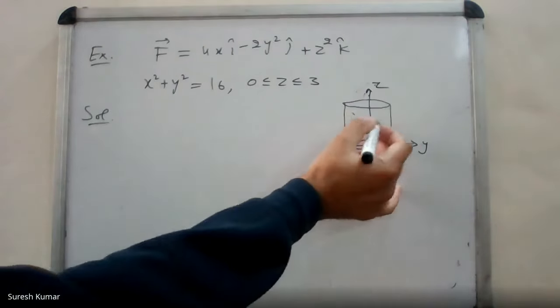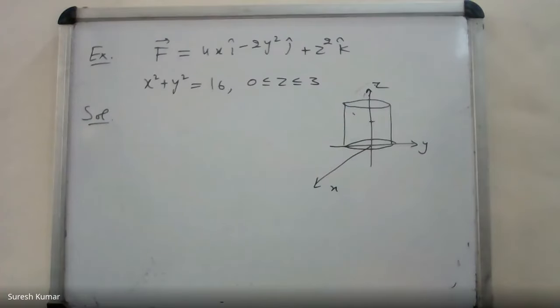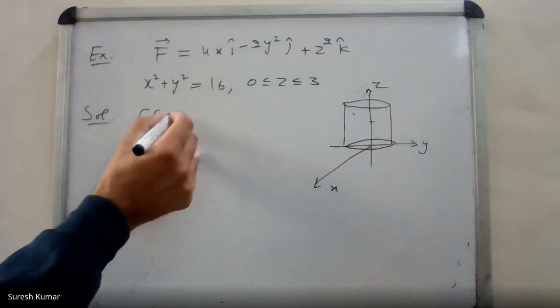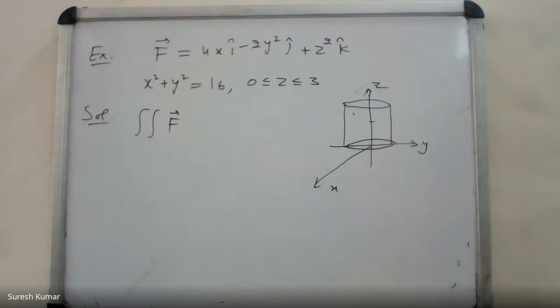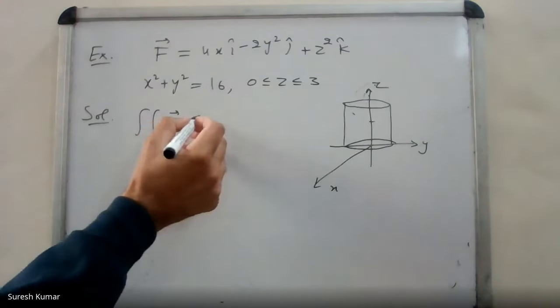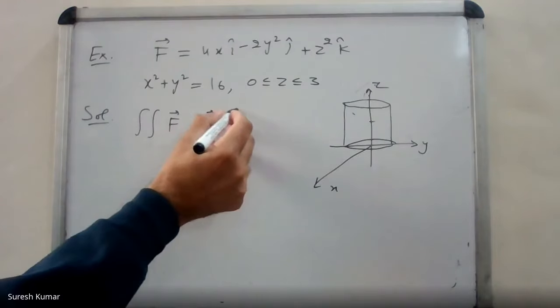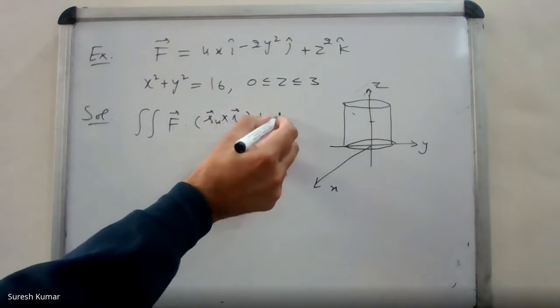Around this curved surface, we need to find the outward flux of F. So what is the formula for outward flux? It is the double integral of F dot r_u cross r_v, the surface being parameterized by u, v, du dv.